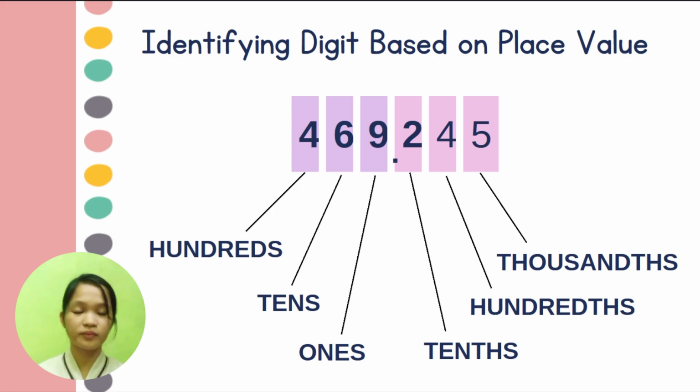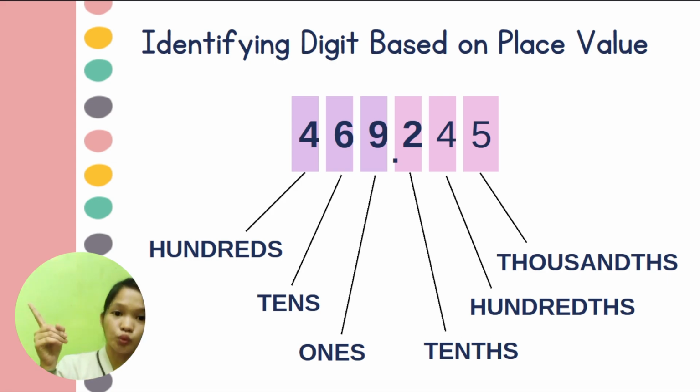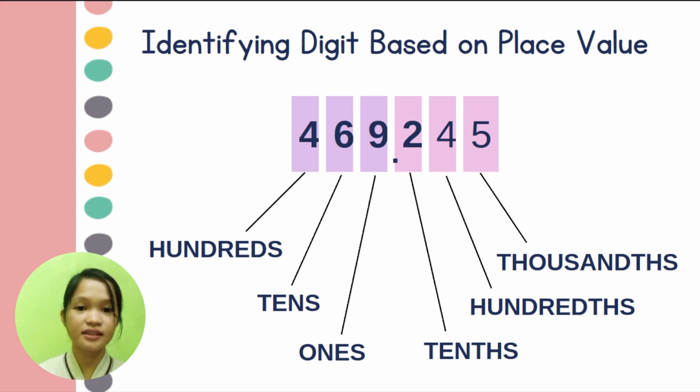And also, the tenths place with THS is the first digit after the decimal, which is 2. And the hundredths place is the second digit after the decimal, which is 4. And the thousandths place is the third digit after the decimal, which is 5.